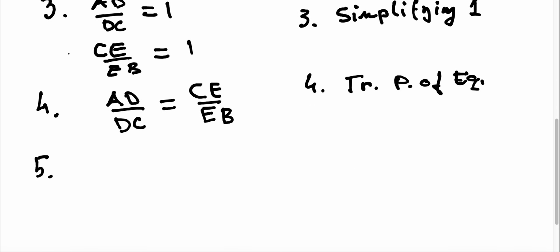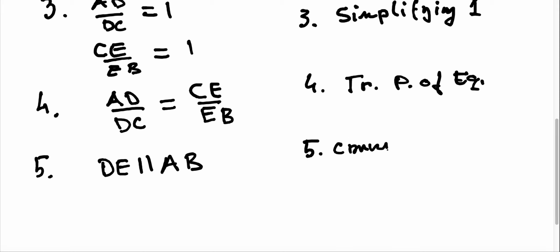Okay, so DE is parallel with the AB. And the fifth one is based on the converse of the triangle proportionality theorem.